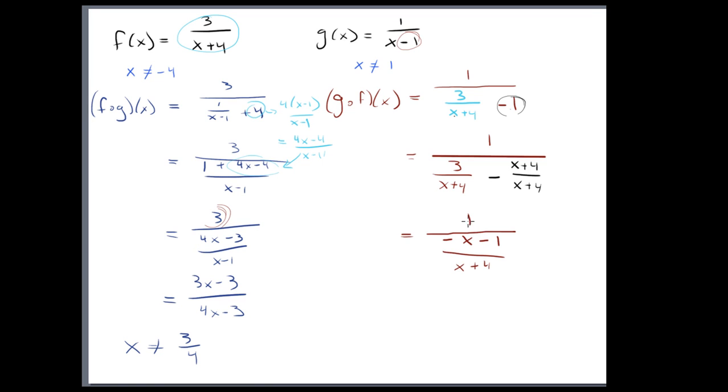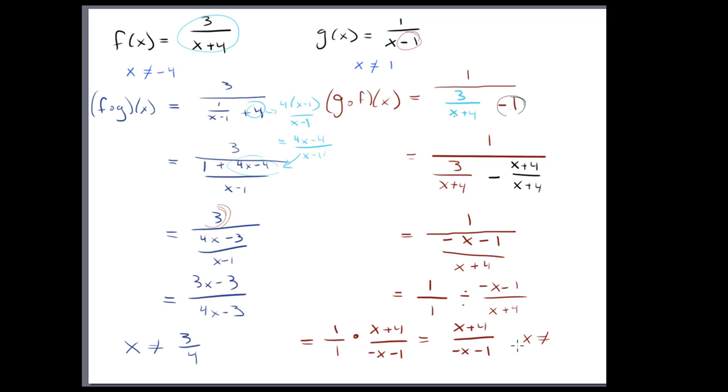Now, I'm going to take this 1 and treat it as 1 over 1, divided by minus x minus 1 over x plus 4. That's 1 over 1 times x plus 4 over minus x minus 1. That's x plus 4 over minus x minus 1.